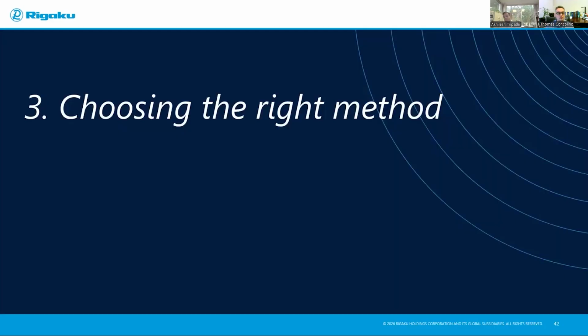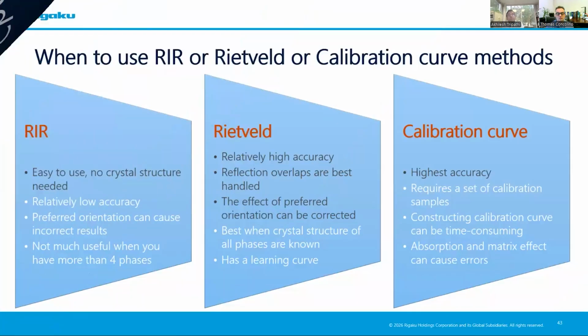So now we have seen 3 methods in quite a detail: RIR, Rietveld, and calibration. And the question comes, what is the right method for me? So let's delve into it. RIR: when I saw the poll, some people are using just 1 or 2 phases.